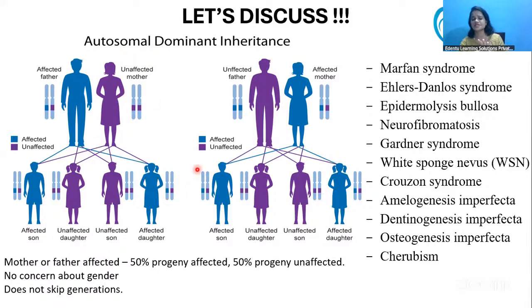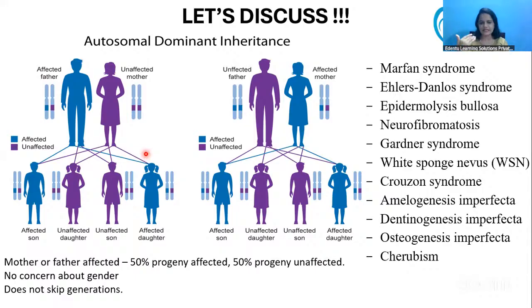And another characteristic feature is that this dominant inheritance pattern does not skip generations. If the father or mother is having the disease, some kind of disorder will be present in the progeny also, in the next generation also. It will not skip generations. So that's a characteristic feature of this autosomal dominant pattern of inheritance.